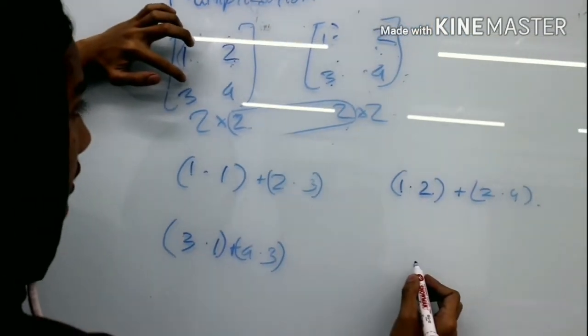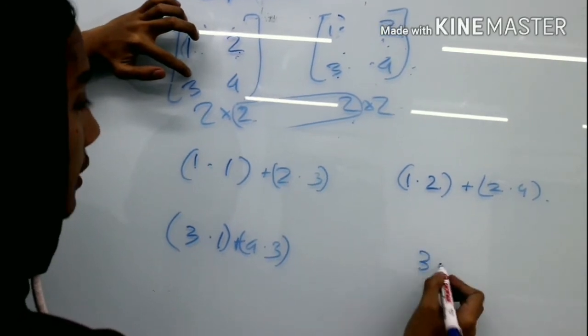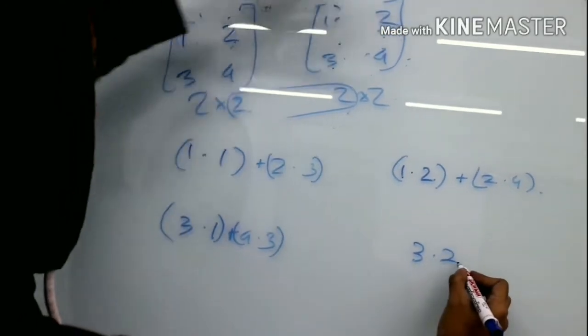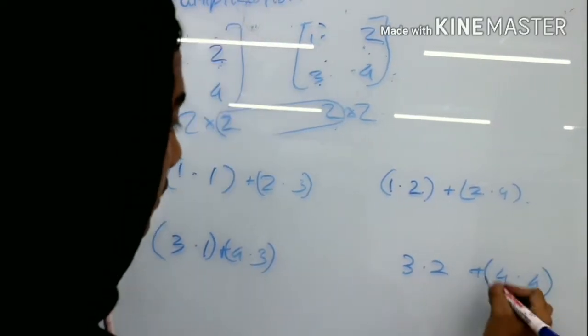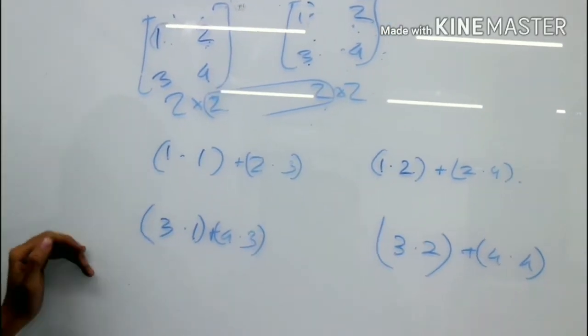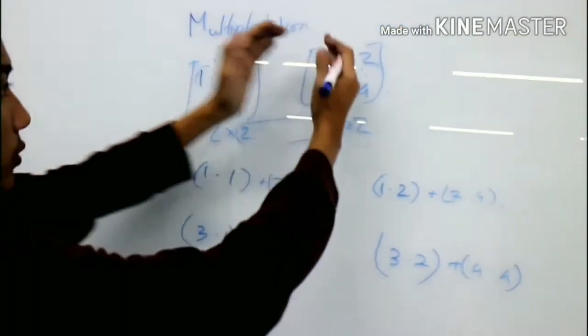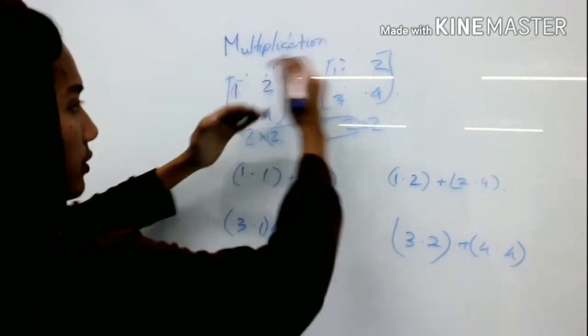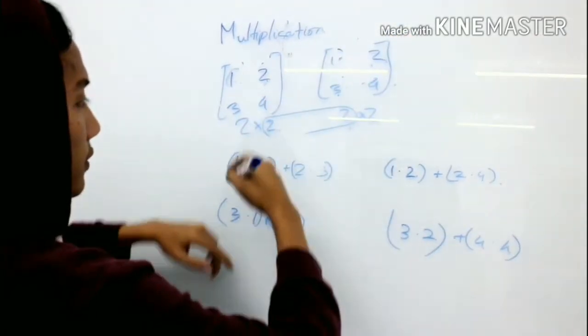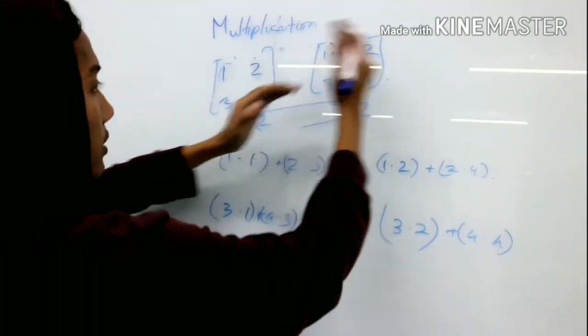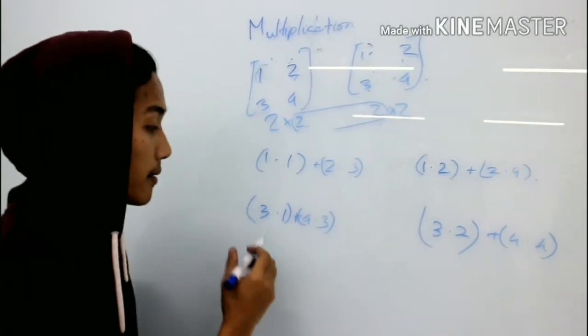And then 3 times 2 plus 4 times 4. Every time we want to multiply this with this, and this with this, for the second, this with this plus this with this, like that.